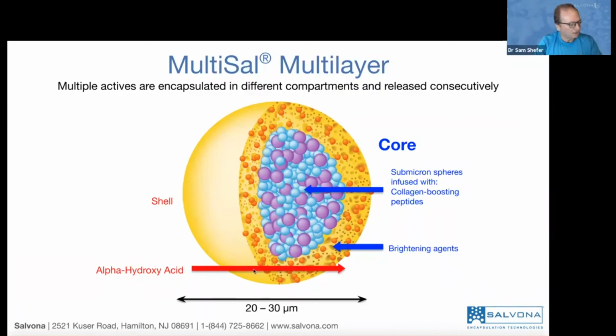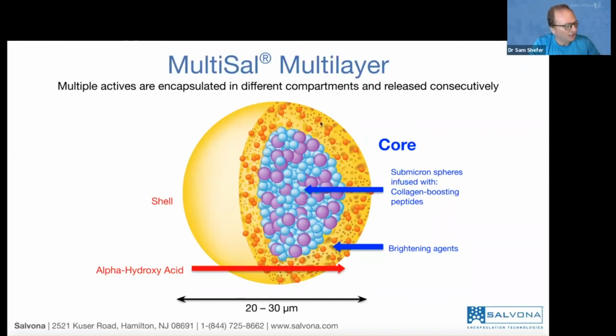In the shell, we typically encapsulate acids. The acids help to exfoliate. Once you exfoliate the skin, you can enhance the penetration, because the top layers are typically very resistant to penetration. They are dead skin full of proteins that prevent the penetration.